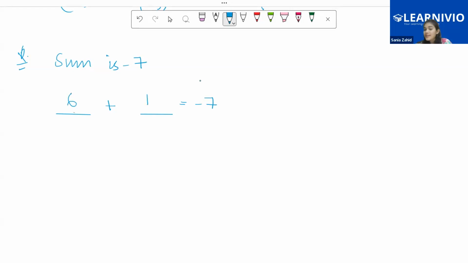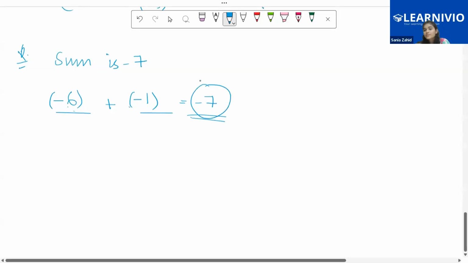Now 6 plus 1 is 7, not -7, right? But if I put a negative sign over here and a negative sign over here, I know when I have 2 numbers with the same sign, I have to add them and put the negative sign only, right? So I will add these numbers and put a negative sign only. So that is how I get -7.